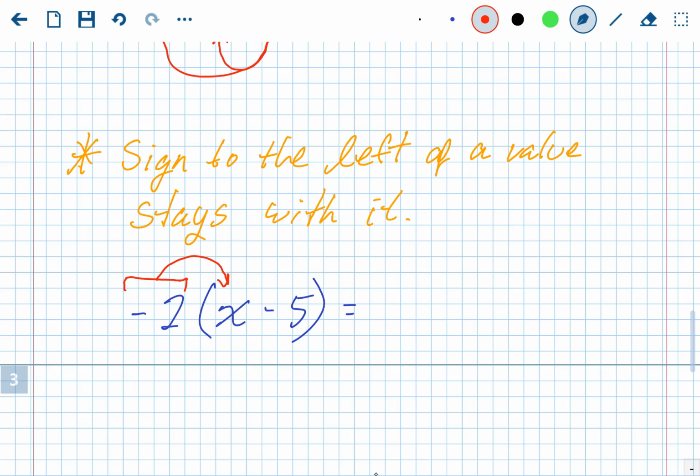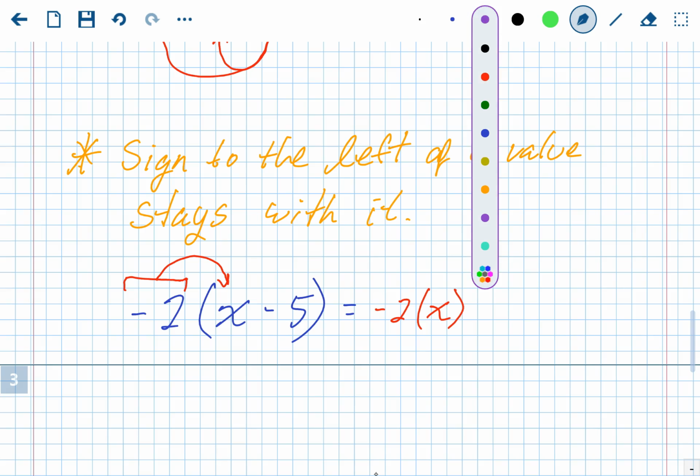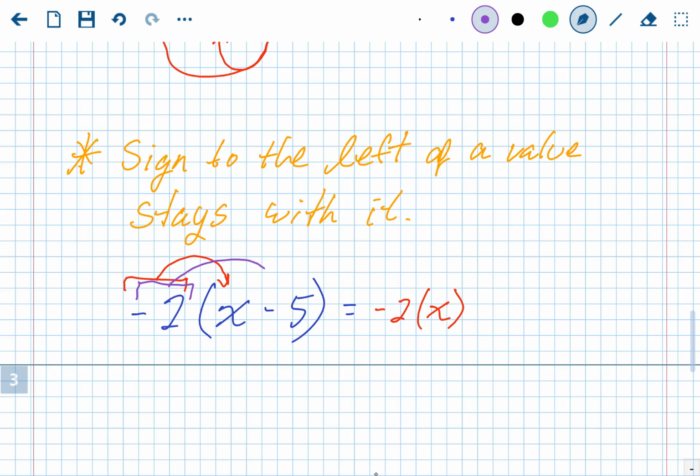So we're going to take -2 times x. Okay. And then the second one is we're going to take -2 times, not 5, but -5. Okay. So that negative is with the 5.